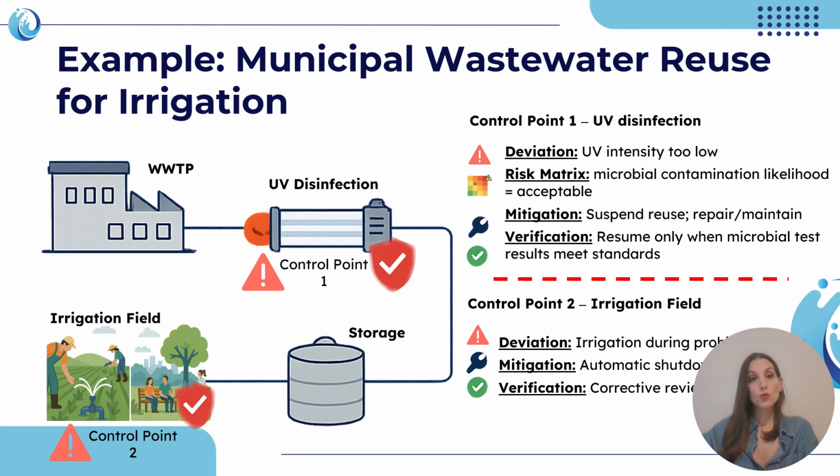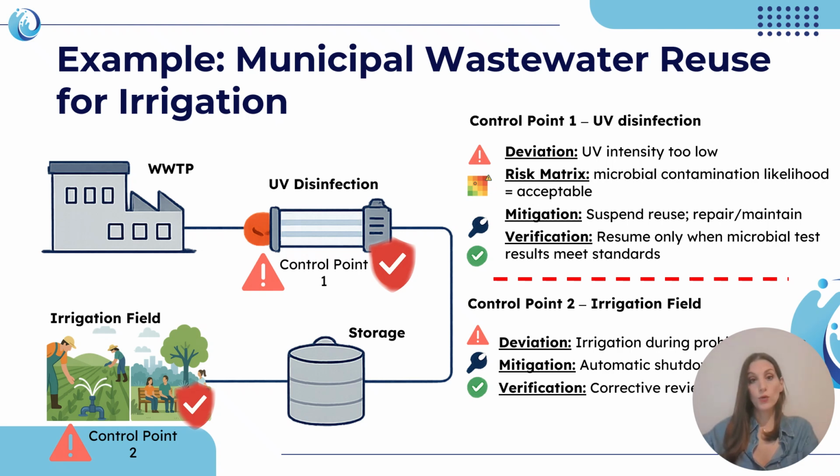If the sensor shows that UV intensity has dropped below the critical limit, this deviation increases the likelihood of microbial contamination, moving it into an unacceptable risk level on the matrix. The mitigation action is to suspend reuse, repair or replace the UV lamp, and resume operation only once verification monitoring confirms compliance with regulatory standards.